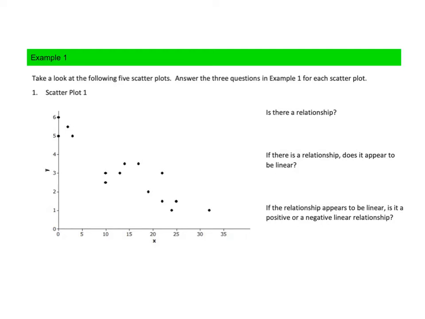And what I'm trying to notice is whether there's a relationship that I see here. And I do. I definitely see that these are starting out up here and then forming this downward trend. So it looks like there is a relationship.